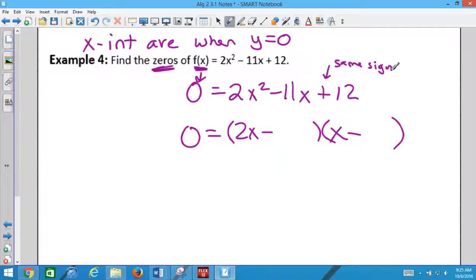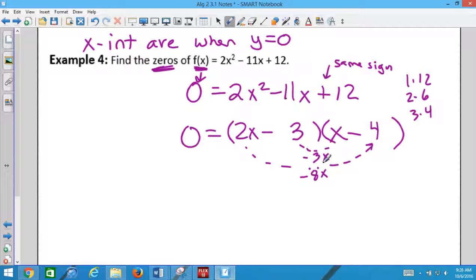My choices for 12 is like 1 and 12, 2 and 6, 3 and 4. So I'm thinking negative 11. Whatever I put in this spot has to multiply by 2. So I'm looking at multiplying one of these numbers by 2 and using the other one to create 11. So what am I going to multiply by 2? 4. Right, 2 times 4, and then another 3 on top of that is going to give us negative 11.